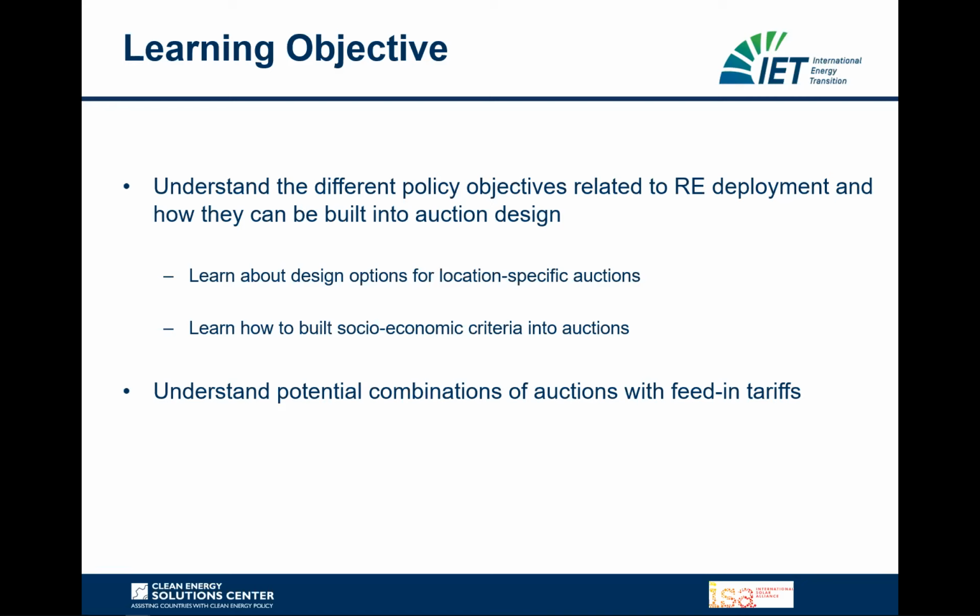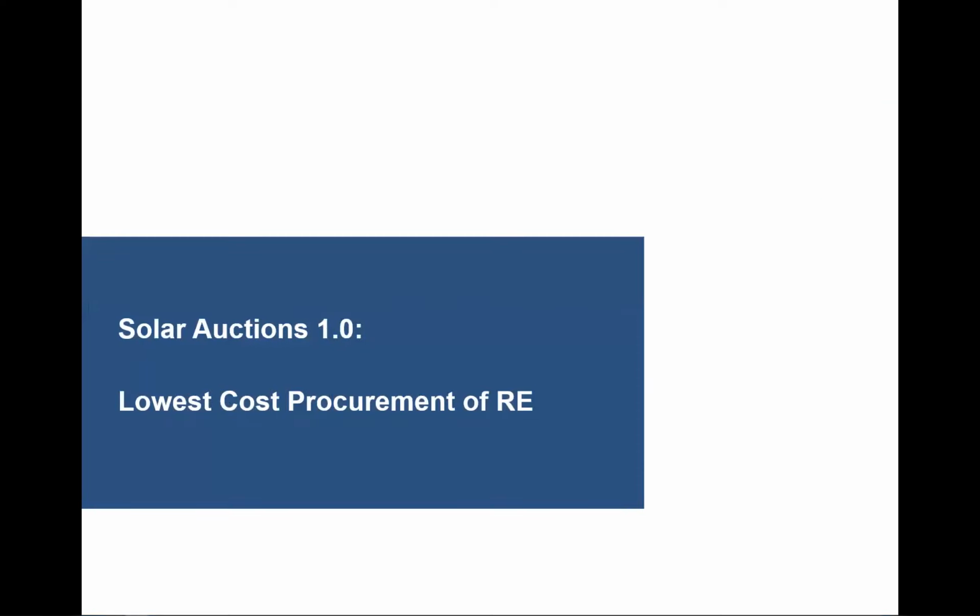And secondly, we look at socio-economic criteria, socio-economic benefits that can be built into renewable energy policies and auction design, such as job creation, creating a local industry via local content requirements, etc. And last but not least, we will discuss the potential combination of auctions with feed-in tariffs.